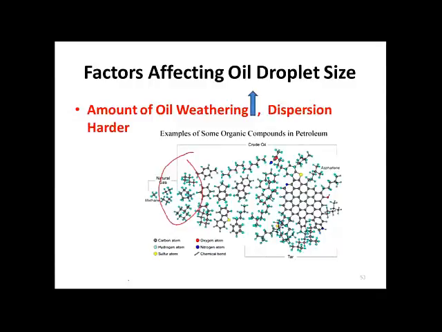Some of these things are going to break down by photolysis, etc. So as the oil weathers naturally in the water, you get more and more of these heavier compounds, and they do not disperse well. So as time goes on with the spill, there's less and less dispersion of the slick, because the oil is getting to be compounds that don't like to disperse into water because they're more viscous by nature. The oil becomes more viscous.